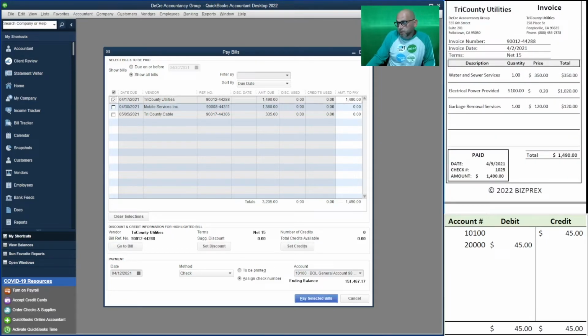Again, just a reminder, and I know you've heard me 1,000 times on this. At this point, when we're paying bills that we previously entered through accounts payable, we're not impacting expense accounts. Those were impacted when we booked the bills. Now the only two accounts, as you've noticed, impacted are our bank account, 10,100, and our accounts payable account, 20,000. So here it is. The only thing that changes is the amount. Here it is. And let's make sure we do the date.